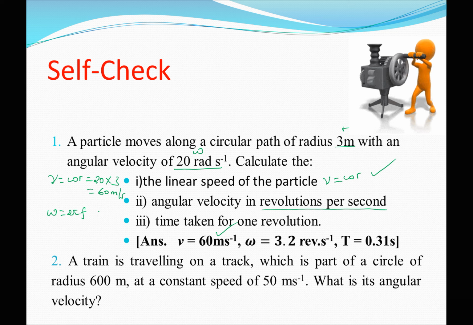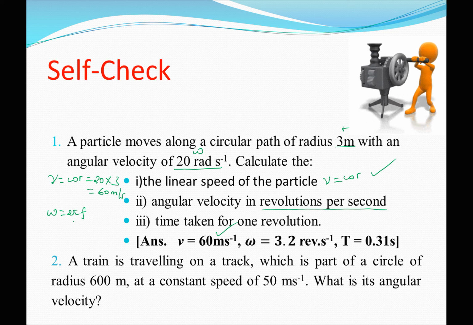If it is in revolutions per second, then it is simply the equivalent to f. It is equivalent, if it is in revolutions per second, to finding f, because omega is 2 pi times f.